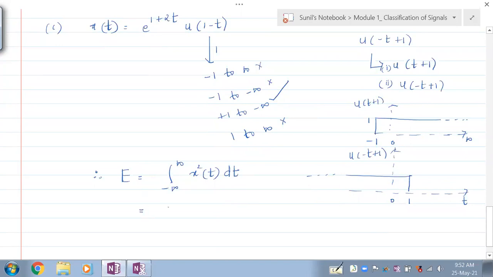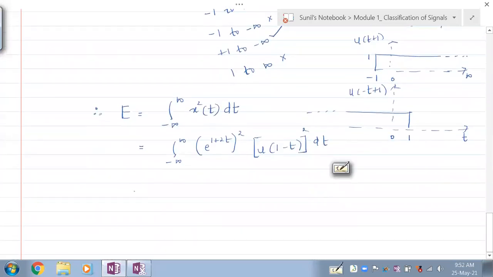Something that you keep repeating is something that you don't forget, which you get perfect with. So let's not neglect minus infinity to plus infinity. It's e power 1 plus 2t square, and u of 1 minus t square. So while writing, we write this. Then it is this.